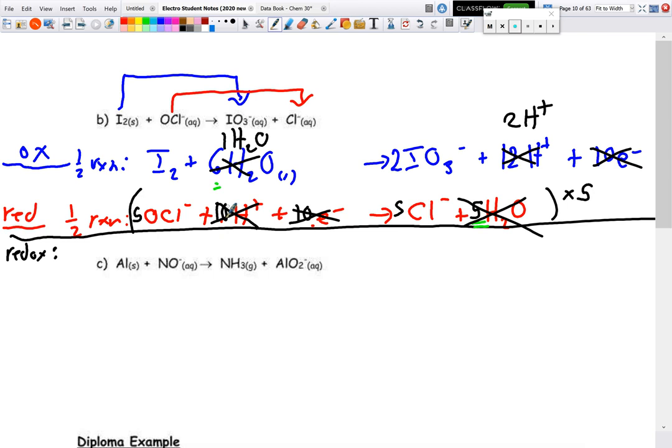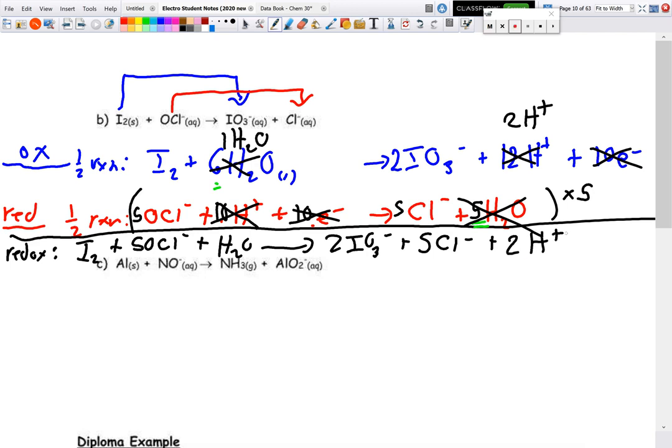So what we're left with in our redox, we got I2 plus 5 OCl minus plus our 1 H2O. It's going to produce 2 IO3 minus plus 5 Cl minus, and then our excess of 2 H plus. And that is our balanced redox reaction for this one right here.